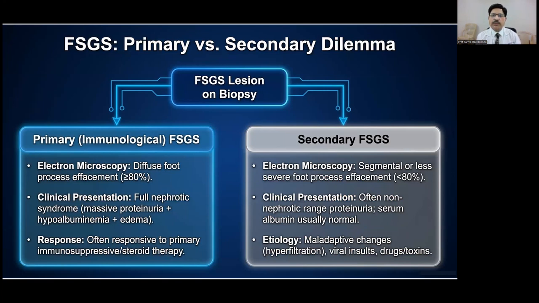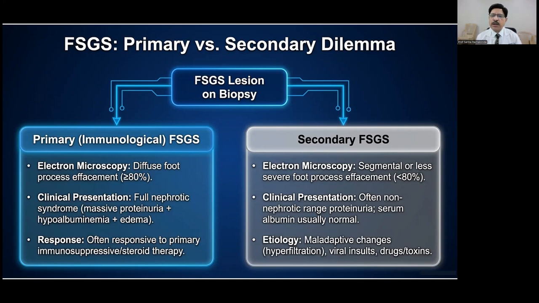Primary immunological FSGS: on electron microscopy, diffuse foot process effacement is there. Clinical presentation: full nephrotic syndrome, massive proteinuria, hypoalbuminemia, edema. Response: often responsive to primary immunosuppressive or steroid therapy. For example, the secondary one: segmental or less severe foot process effacement, less than 80%, often non-nephrotic range of proteinuria, and serum albumin is usually normal.